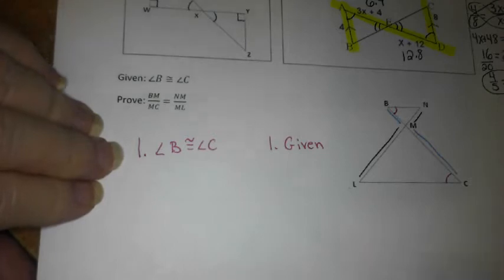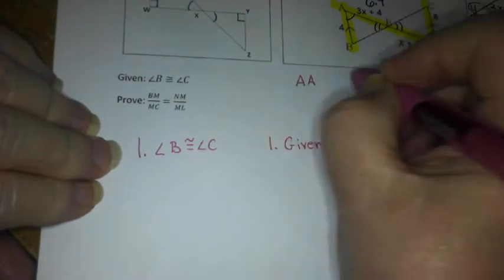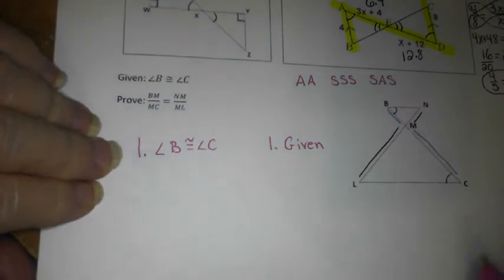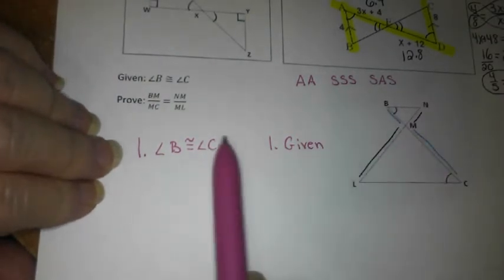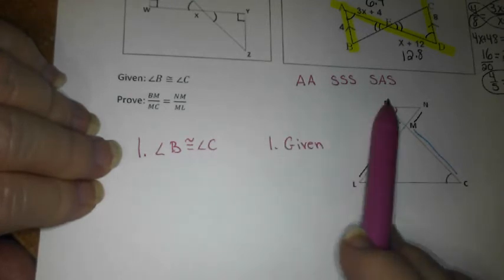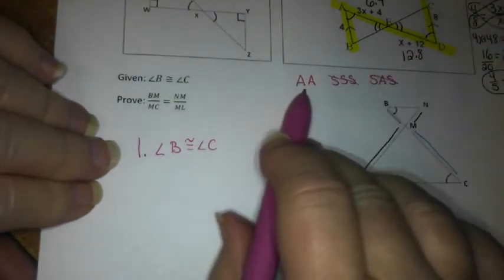So step number 1 of my proof, I'm just going to write down what's given. And now I'm going to try to figure out a way to make these triangles be similar. My choices are AA, SSS, or SAS. Looking at the information I have, I've only got an angle. They didn't tell me anything about the sides, so I think I probably need to use AA.